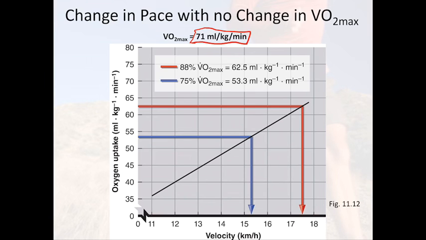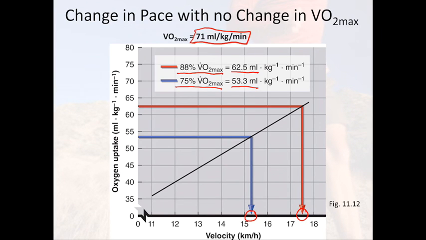Pre-training, we see them able to sustain 75% of their max, which is 53 mLs per kg. Post-training, we see them able to sustain 88% of that VO2 max, which is 62.5 mLs per kg. And we can see exactly what speed that translates to, right? Running speed pre of about 15.25 kilometers per hour, running speed post of about 17.5 kilometers per hour.